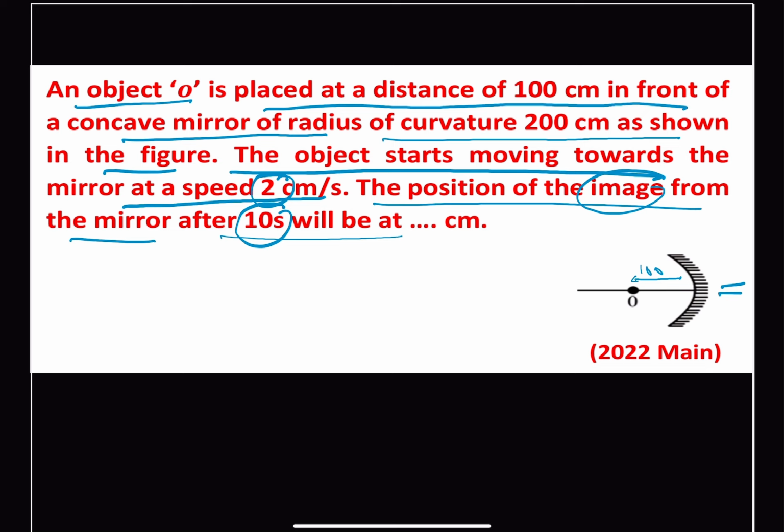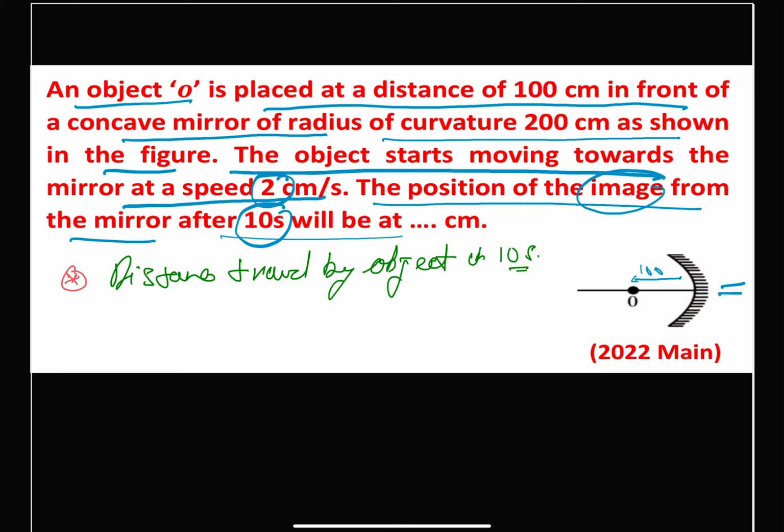You can say that the distance traveled by the object in 10 seconds, let us suppose that is given as S. S will be equal to our speed, that is 2 multiplied by 10. So this comes as 20 centimeters.